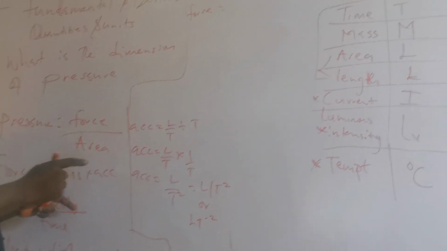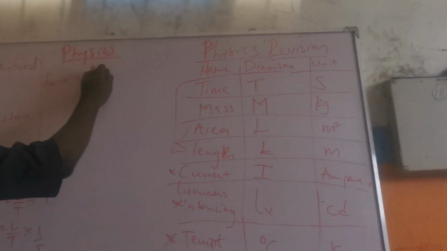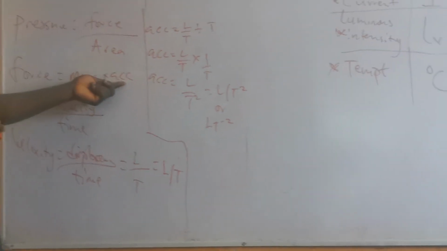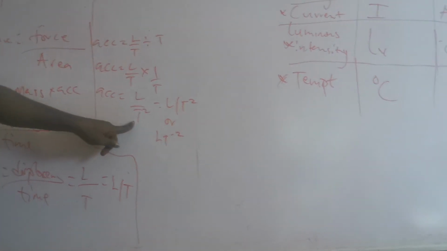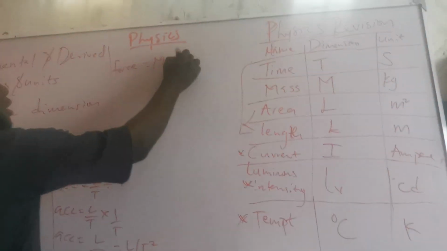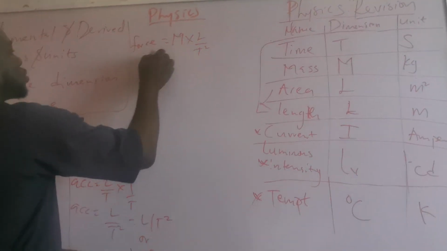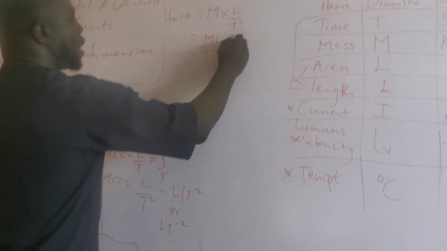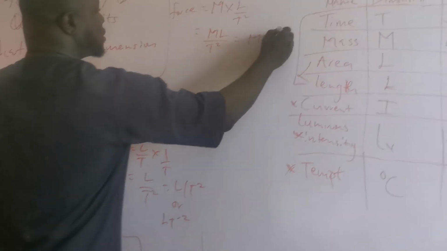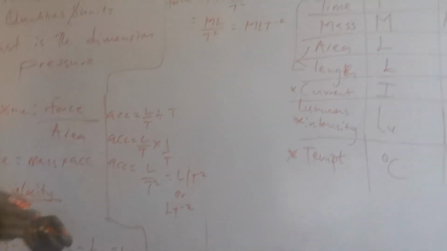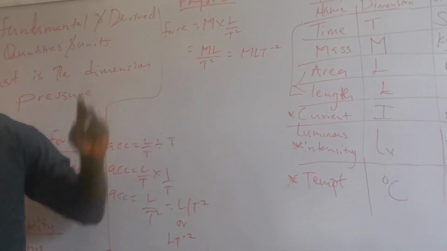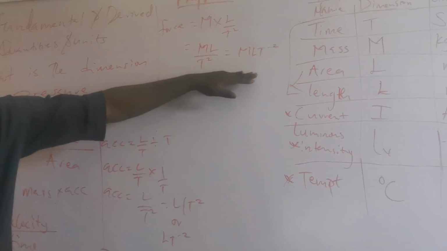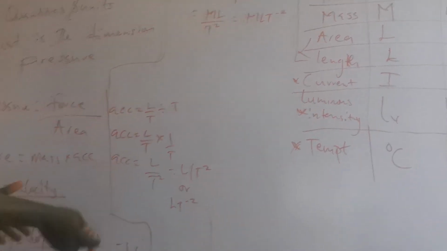The dimension for mass is M. That is M times acceleration, which is L over T squared. So that will give us ML over T squared, that will be MLT to the minus 2. So in case you see in your JAMB what is the dimension for force, that is what you have. It's more like breaking them down.